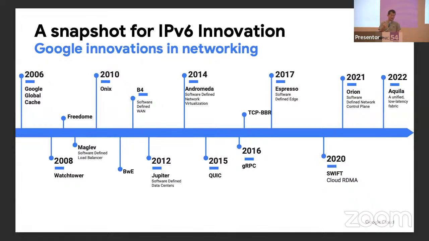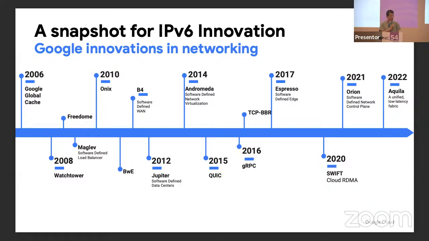Last year, we launched the new SDN controller, Orion, for Jupiter and Espresso, as controllers for the software-defined control plane. This year at SIGCOMM and others, we launched the new unified fabric for ultra-low-latency HPC and AI, so-called Aquila.